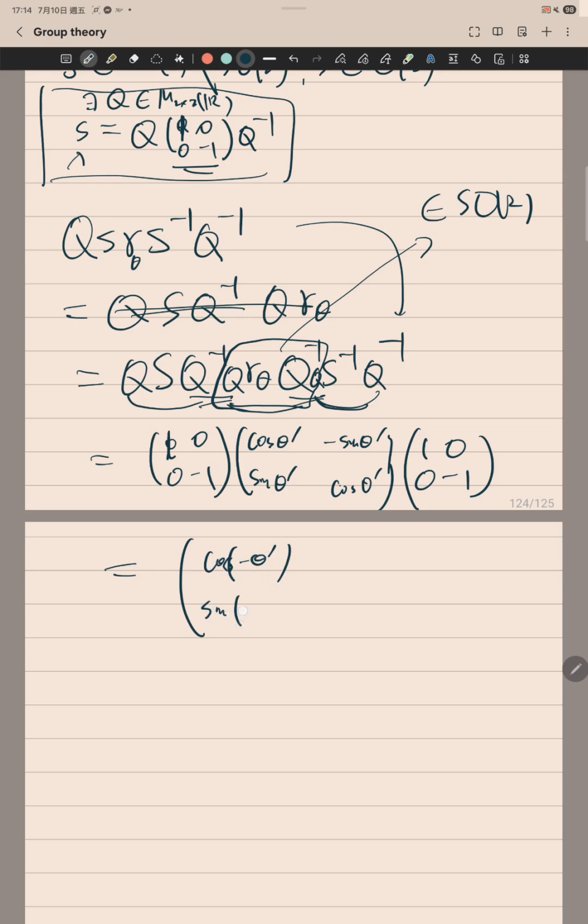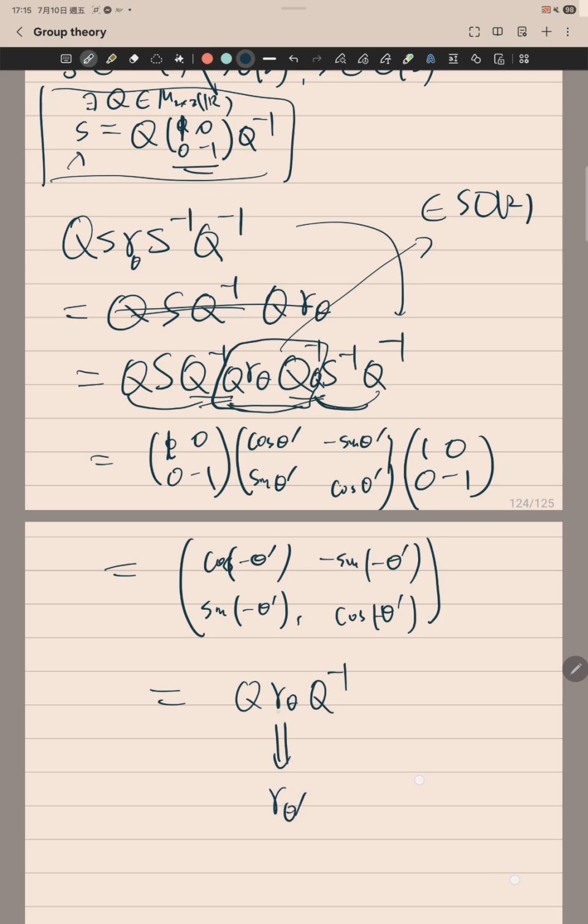Actually, this is a computation that you should do by yourself, but it's very simple, you just do the minus. So in particular, Q R theta Q inverse I write as R theta prime, right? So it's some theta prime, and this will be theta prime minus, which is just theta prime inverse.